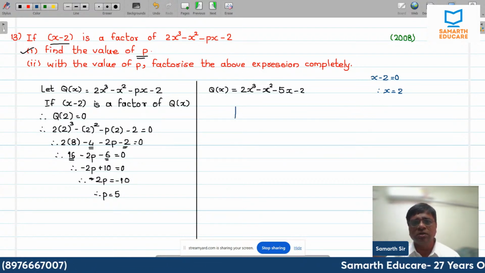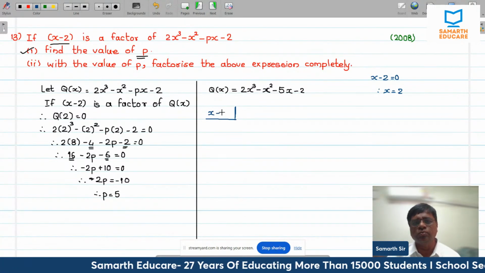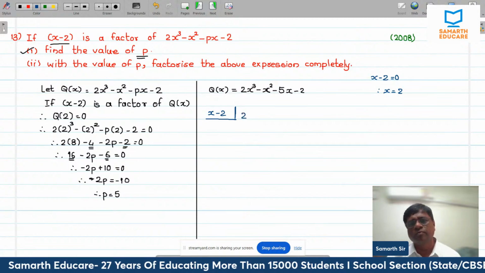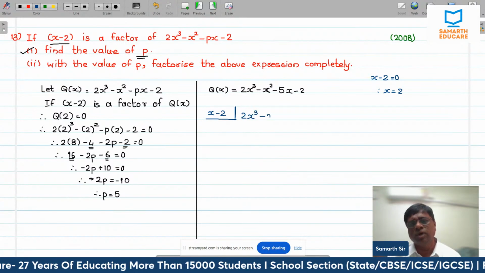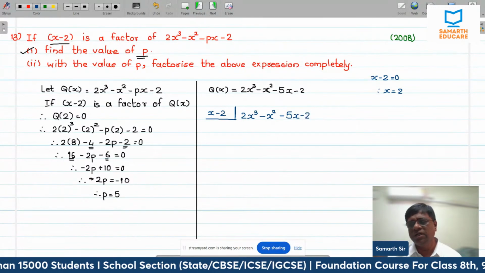Remember this, because x minus 2 is a factor, let me divide this by x minus 2, 2x cube minus x square minus 5x minus 2.